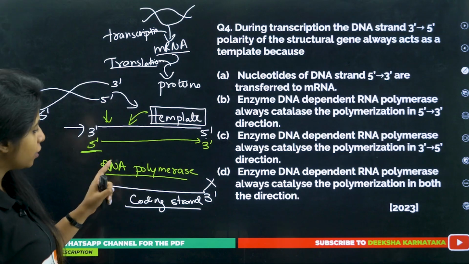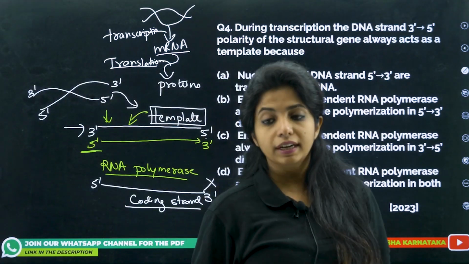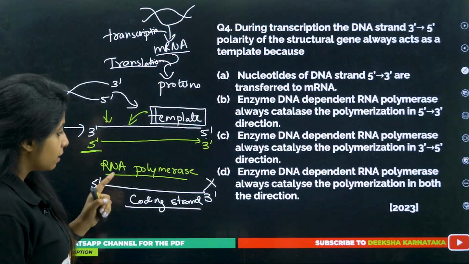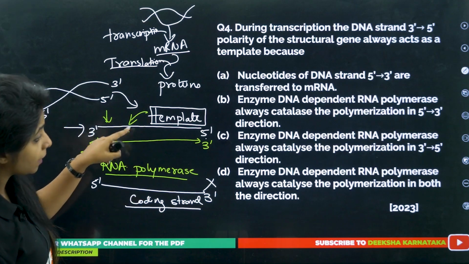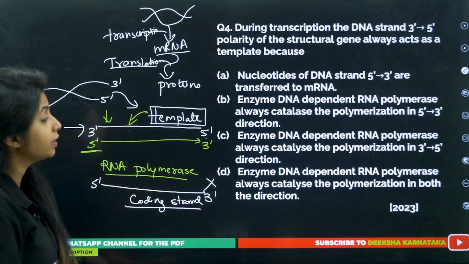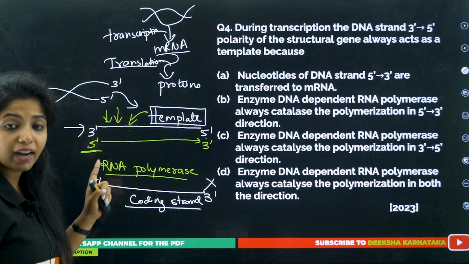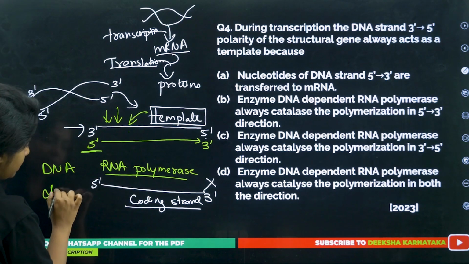Okay, always remember RNA polymerase direction is 5' to 3'. Similarly, DNA polymerase direction is also 5' to 3' itself. Works? Now, remember one more very important thing. This RNA polymerase is making a new RNA strand with the help of the sequences which are present on this DNA. So can I call this RNA polymerase DNA dependent?